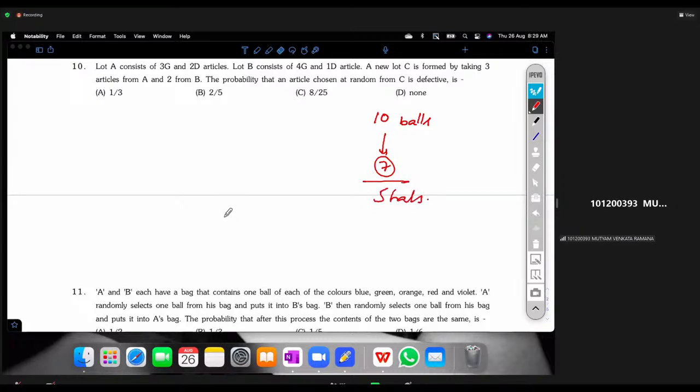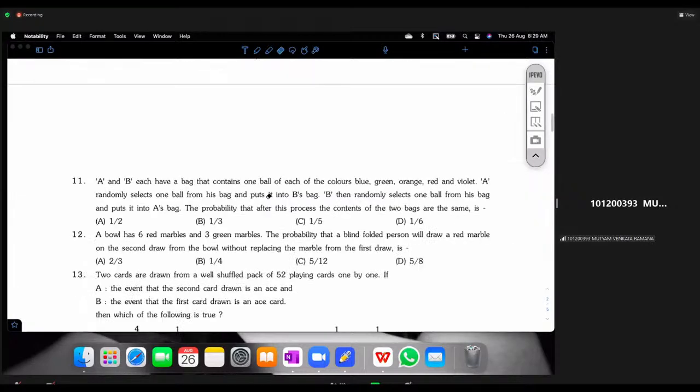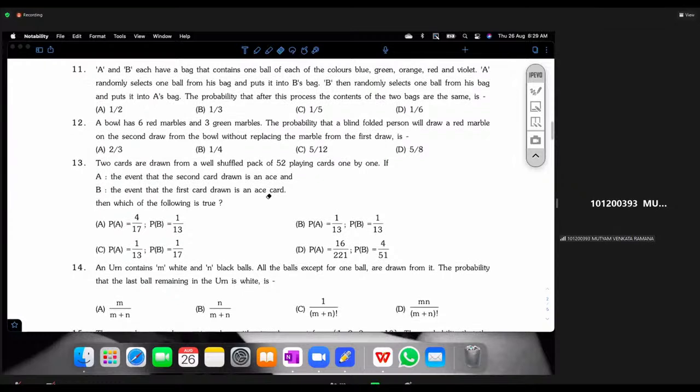Probability that exactly 3 balls are common to the 2 drawings. So actually here, what is this? This is the conditional probability only. Somebody asked, this is also conditional. We'll discuss that one later. Okay. 11th question.